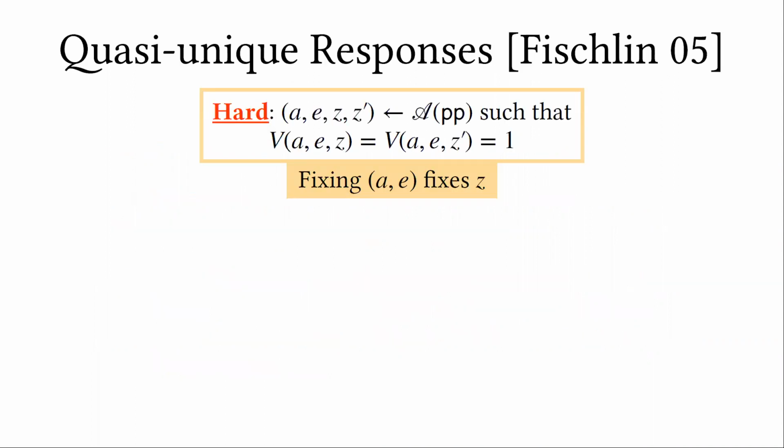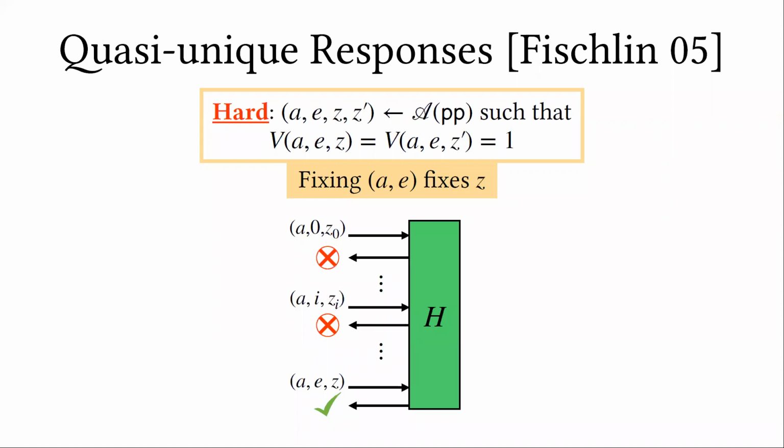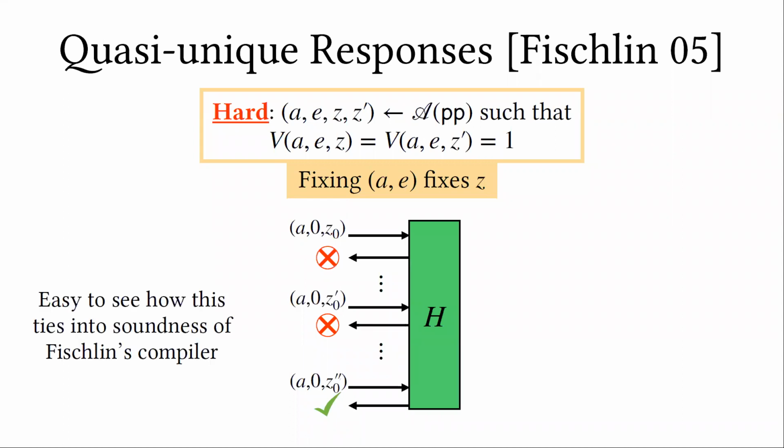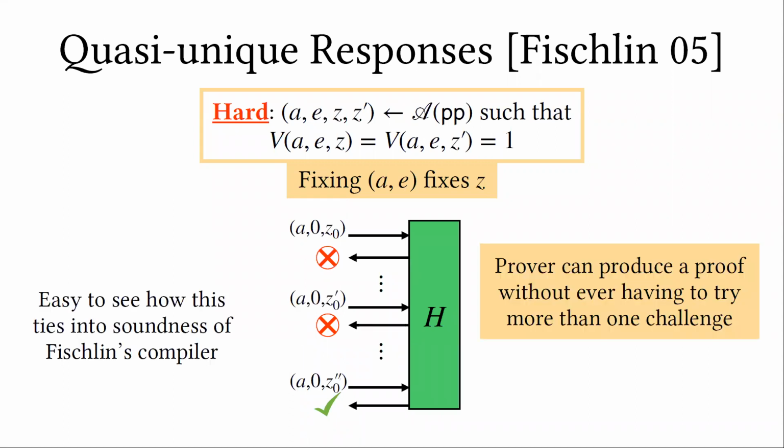At a very high level, the quasi-unique response property is something like this. If we were to fix the commitment and the challenge, this should also implicitly fix the response Z. That is, it should be hard computationally for a prover to come up with a commitment, a challenge, and two responses such that they're both accepting transcripts. It's easy to see why this is necessary for soundness in Fischlin's compiler.